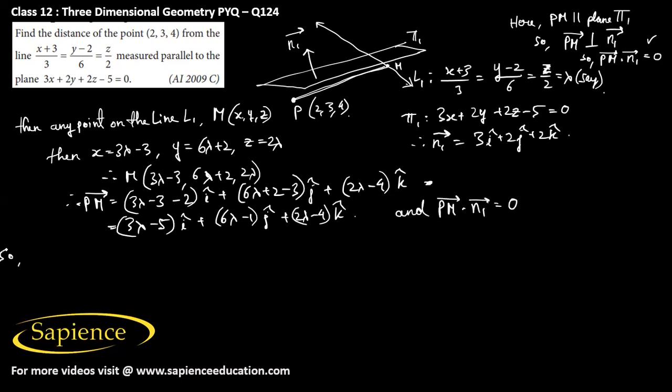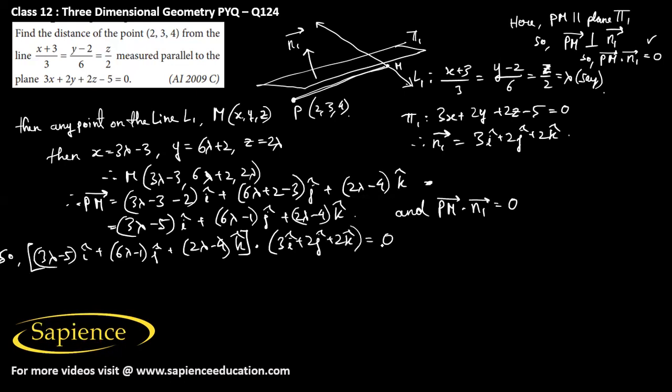So now we can tell that (3 lambda - 5) i cap plus (6 lambda - 1) j cap plus (2 lambda - 4) k cap, dot product with n1, which is 3i cap plus 2j cap plus 2k cap, should be equal to 0. So then 3 into (3 lambda - 5) plus 2 into (6 lambda - 1) plus 2 into (2 lambda - 4) should be equal to 0.